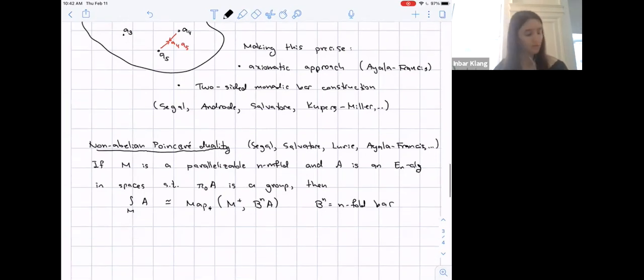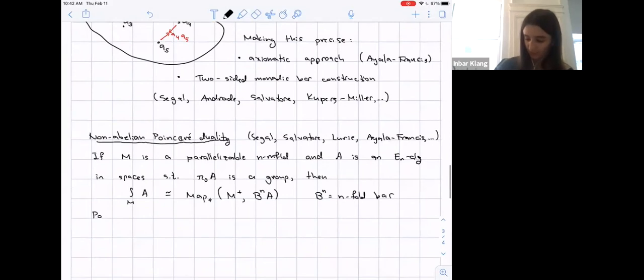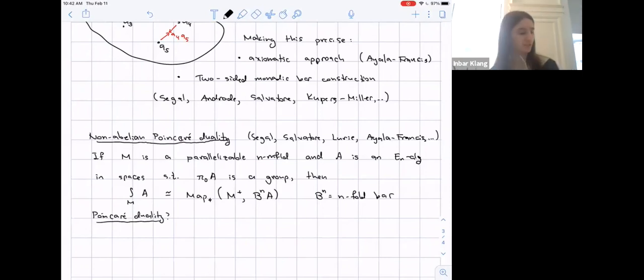Okay, so I'll say something about why this is even named Poincare duality. So why is this Poincare duality? This has to do with what happens in the case where you specialize to A being a discrete abelian group.